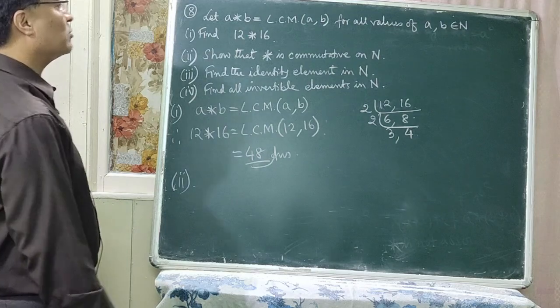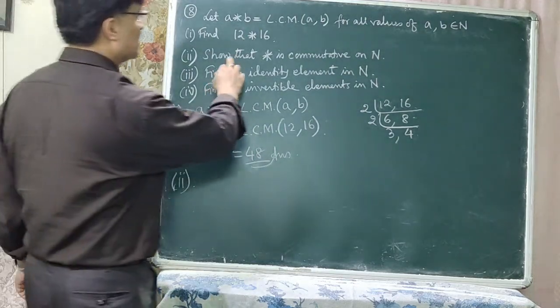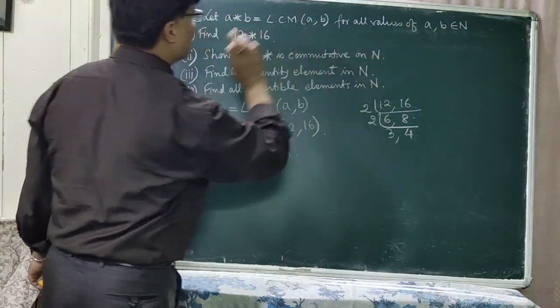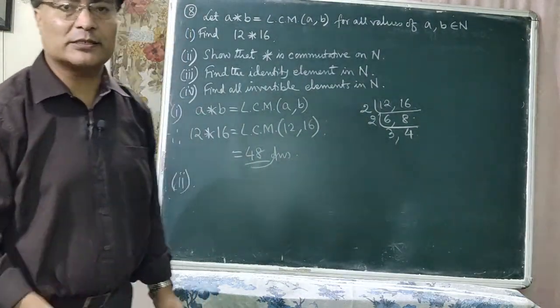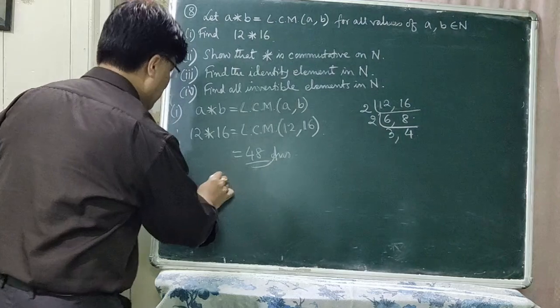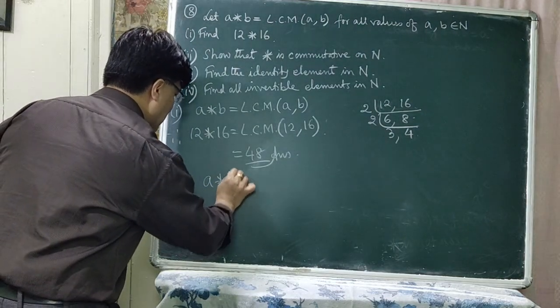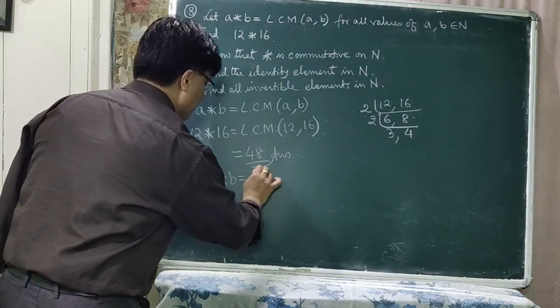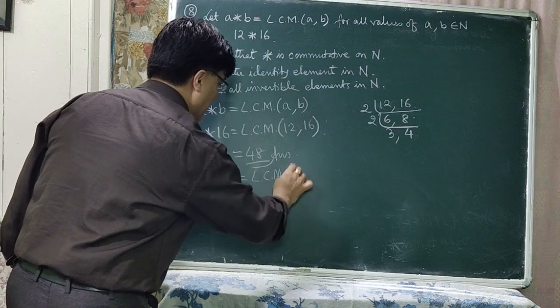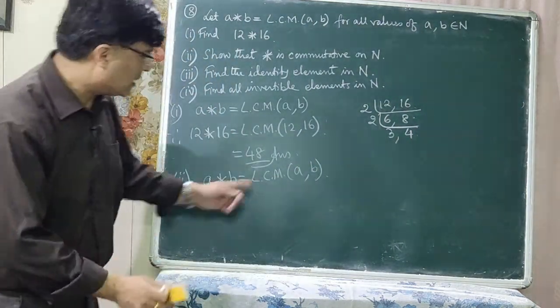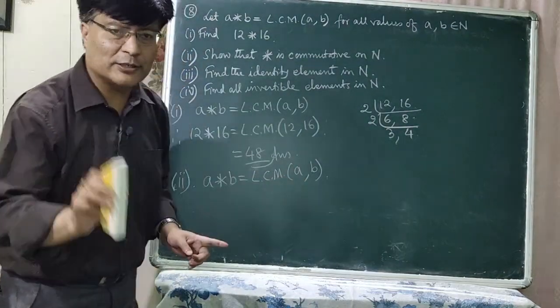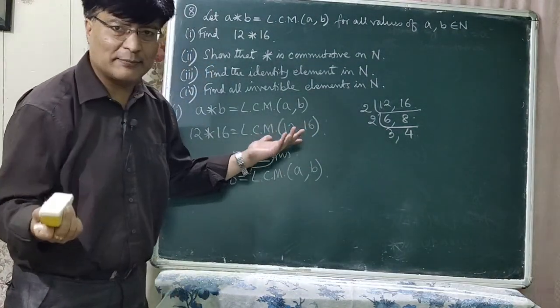So what is number 2 out here? You have to show that star is commutative on N. That is, you have to prove A star B is equal to B star A, right? Now here, A star B is equal to LCM of A comma B. And you know that LCM of A comma B is equal to LCM of B comma A, same thing.